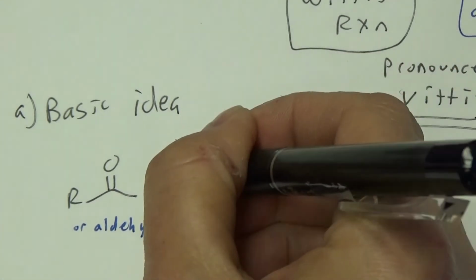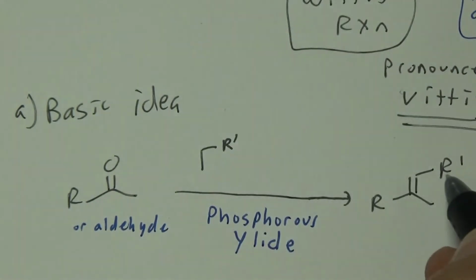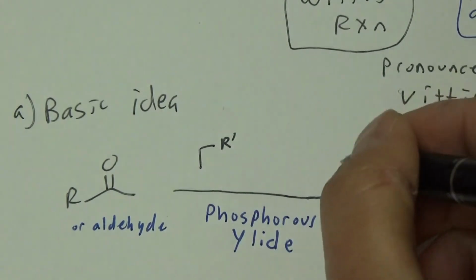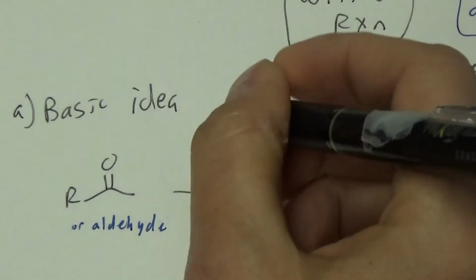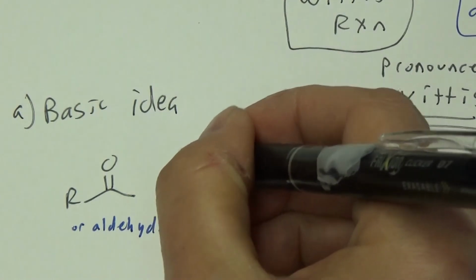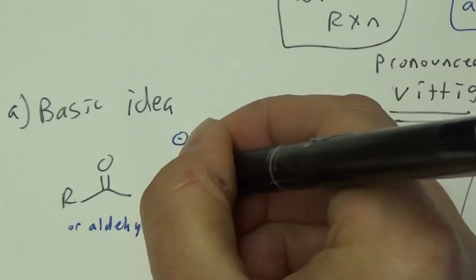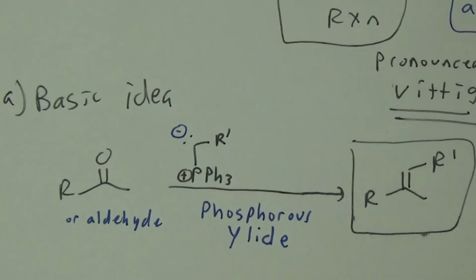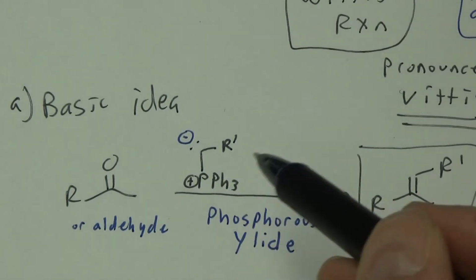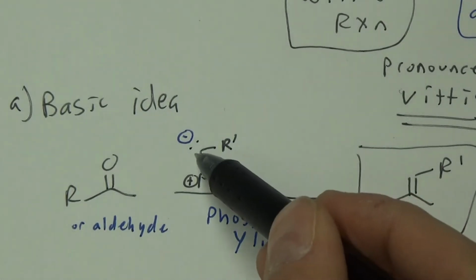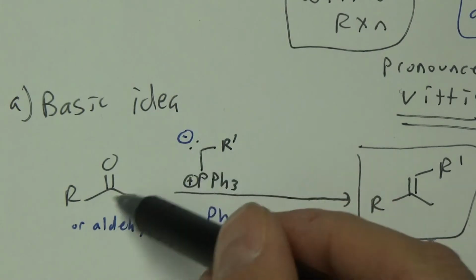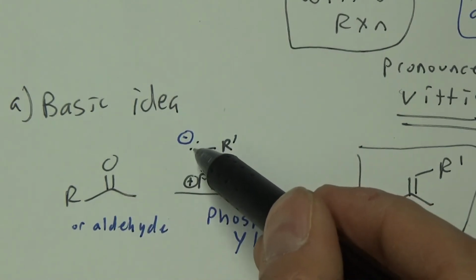R prime, which is the R prime that we see in the product, and then a carbanion with a negative charge, and then P, Ph3 positive. You can imagine what the mechanism might entail: the carbanion, a negative nucleophilic thing, attacks.